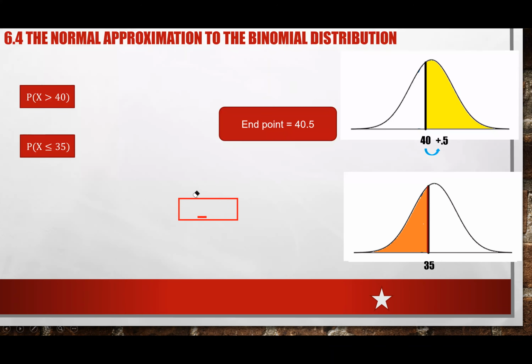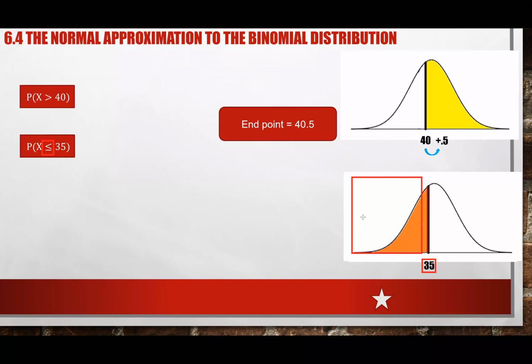So if I'm looking for the area to the left of 35, now let me ask you this question. Do we include the 35? And hopefully you guys see that we include the 35. So if we include the 35, do I use my red box or my orange box, right?